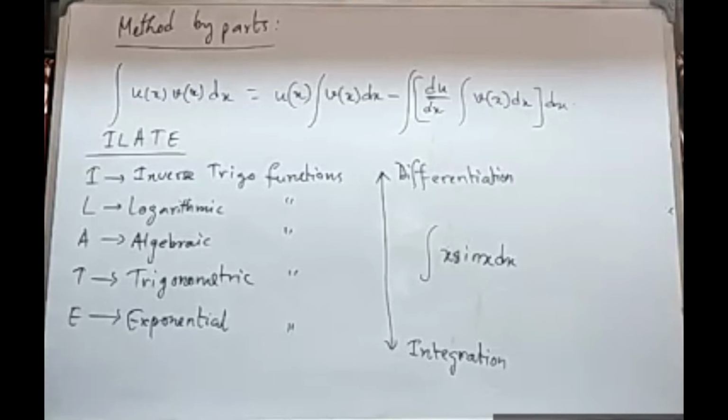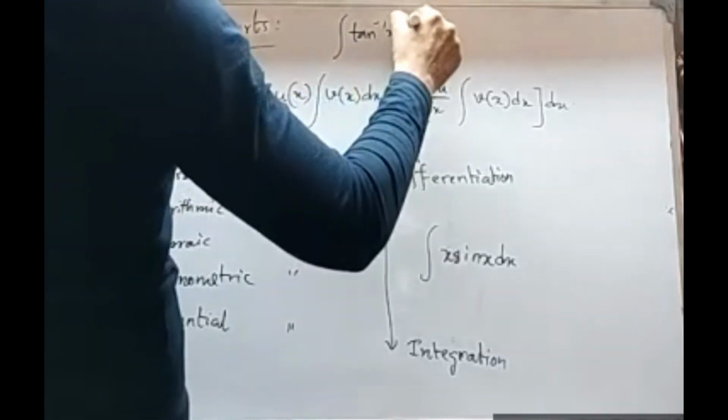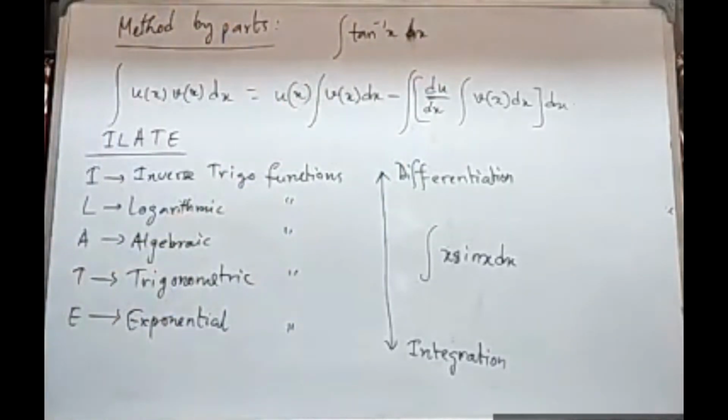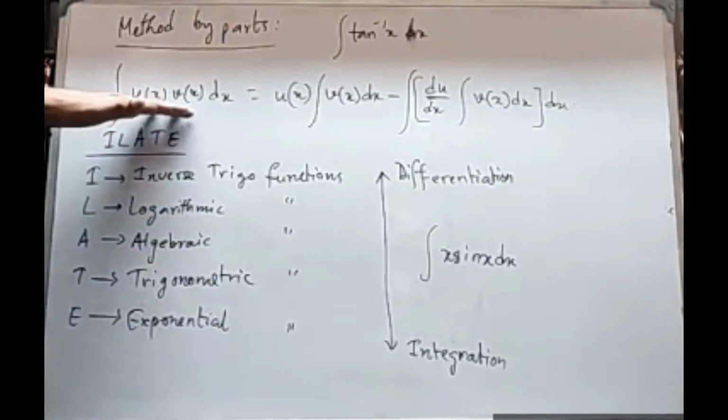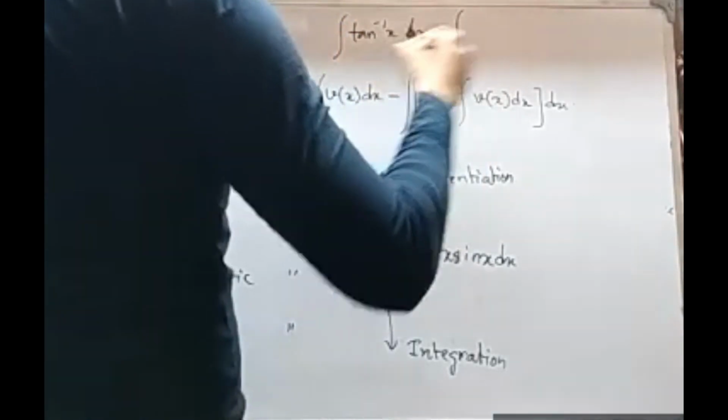Now sometimes some functions are there for which we cannot directly integrate. In that case, say it is integration of tan inverse x dx. We don't have any formula for this. So these types of functions we can integrate with the help of by parts. And we take it like this.